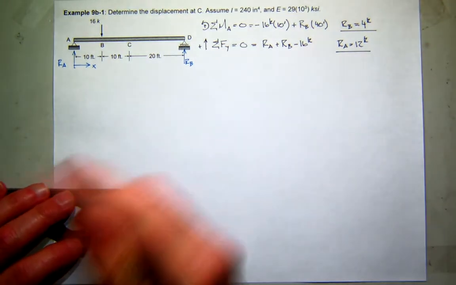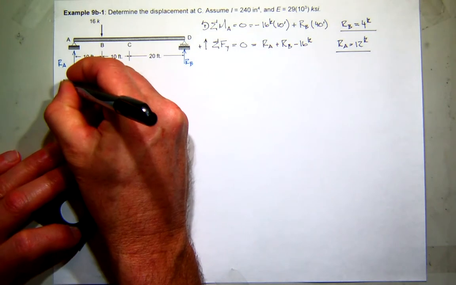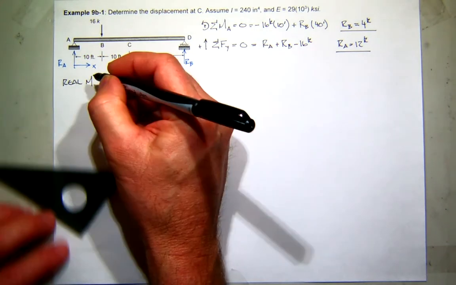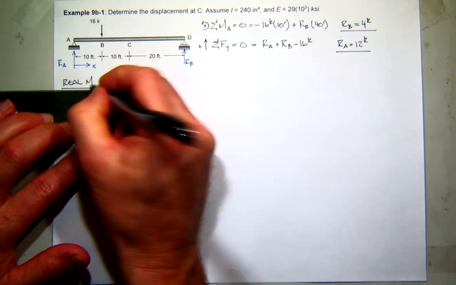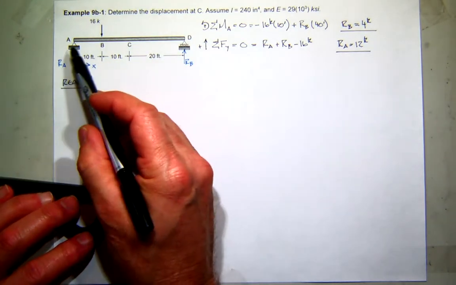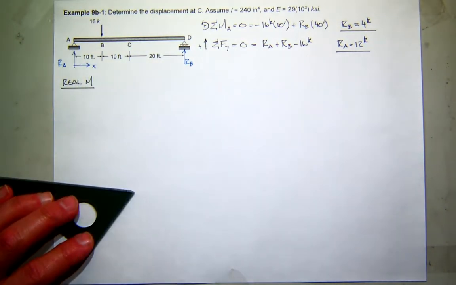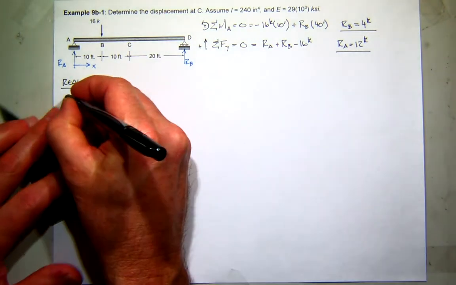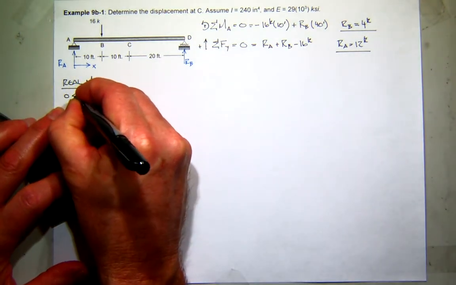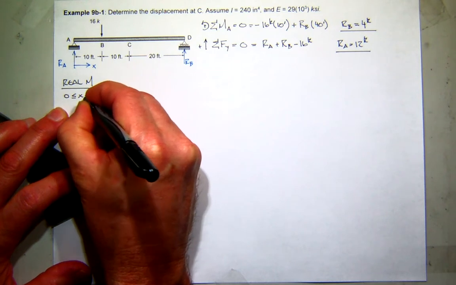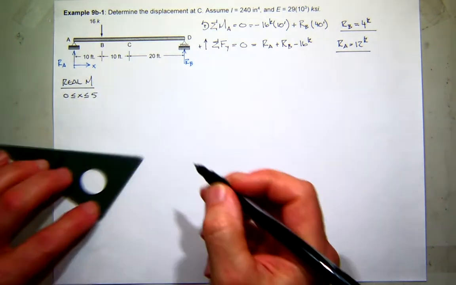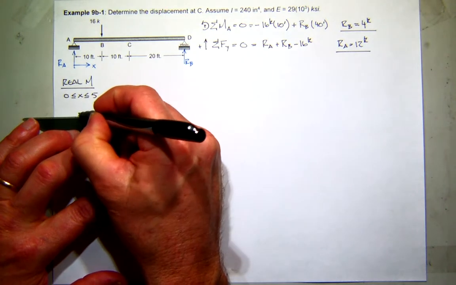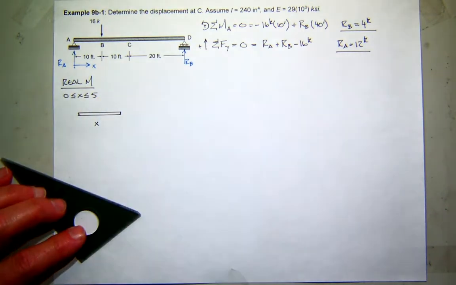With those values, I now want to find what I'll call my real moments. So as we discussed before, I want to find it between 0 and 10. So I'll put a little label there that this moment is going to be for the first 5 feet, and I'll draw a little free body diagram of that at some distance x.